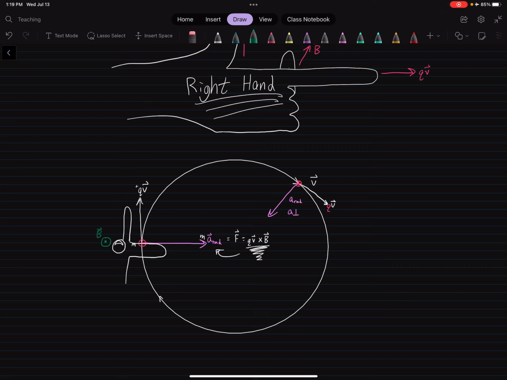Basically, if we had this charged particle, QV, traveling towards the top of the page at constant velocity, with no other acceleration or force acting on it, and at that moment we clicked on a magnetic field in this whole area, B, which is out of the page, just everywhere, up out of the page.